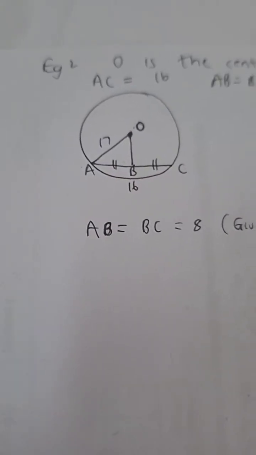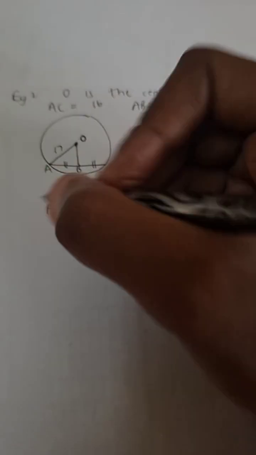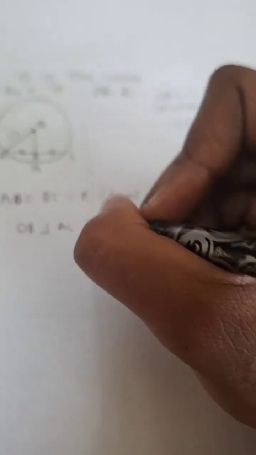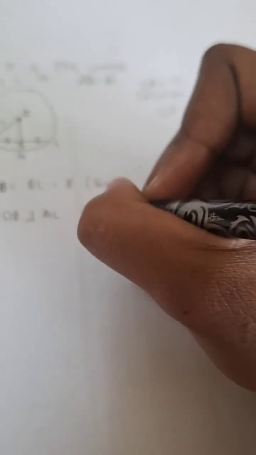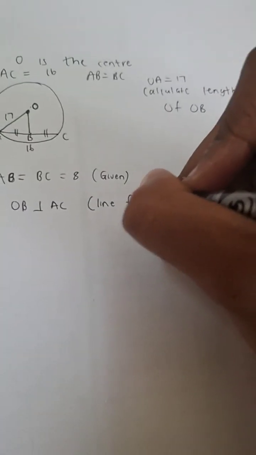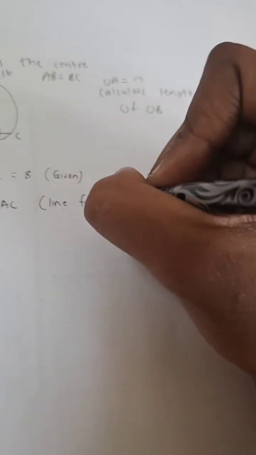So I like what everybody else is now responding and saying. So what then can I say? I can say OB is perpendicular to AC. Why? The reason is contained in the diagram.